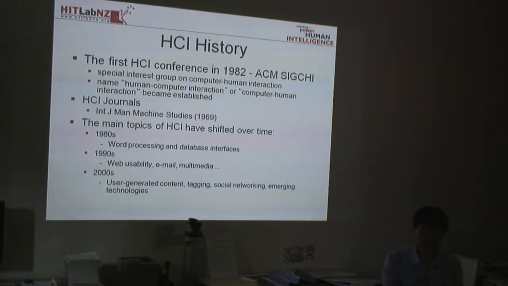So it was around the late 70s and early 80s, actually 1982, that they had the first HCI, or human-computer interaction, related academic conferences. And I think the conference itself is called the CHI conference, which stands for Computer-Human Interface or Interaction.